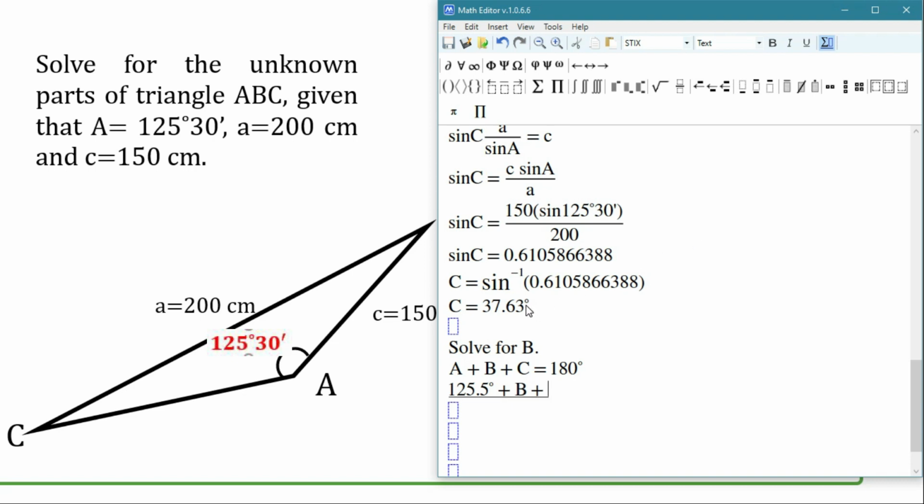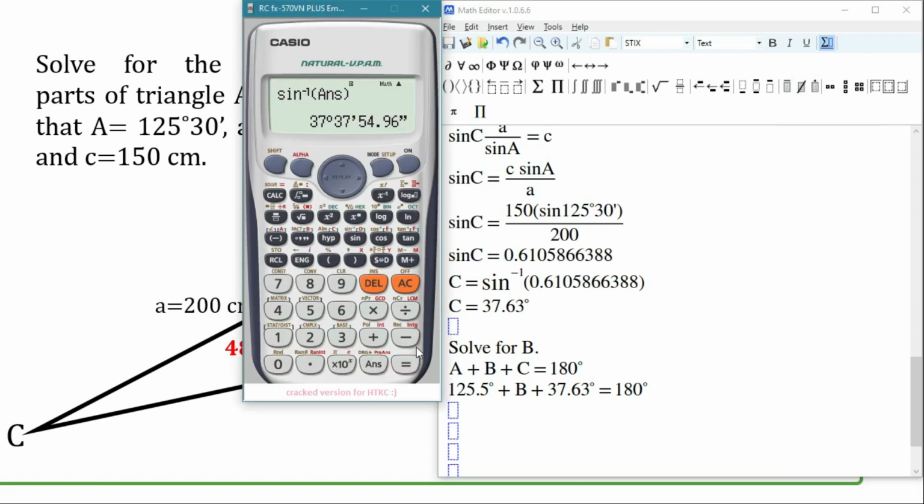And then, kanina, we have just solved for the value of C, which is equivalent to 37.63 degrees, equals 180 degrees. And then, pagsasama-samahin na natin siya, that will be equivalent to 125.5 degrees plus 37.63 degrees.